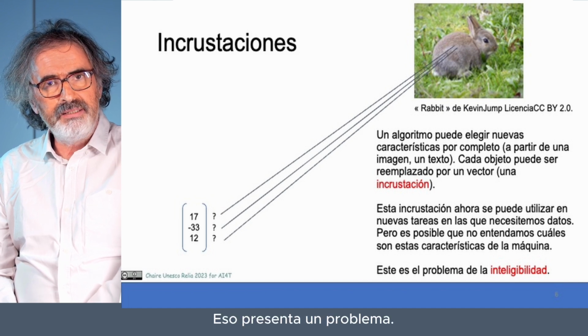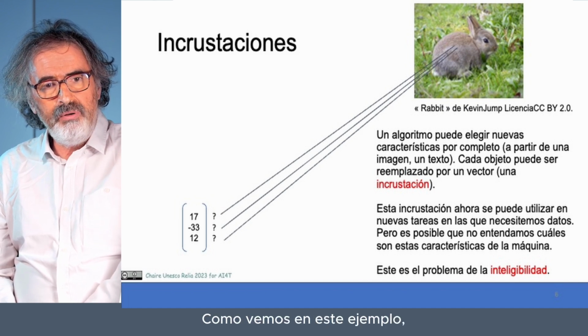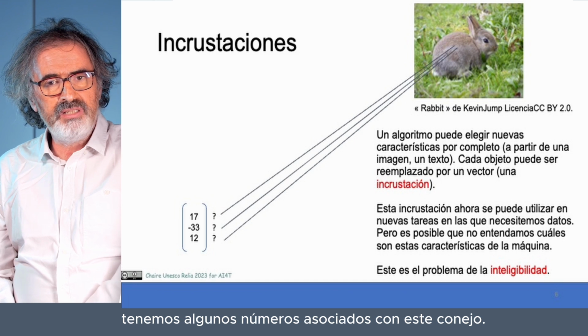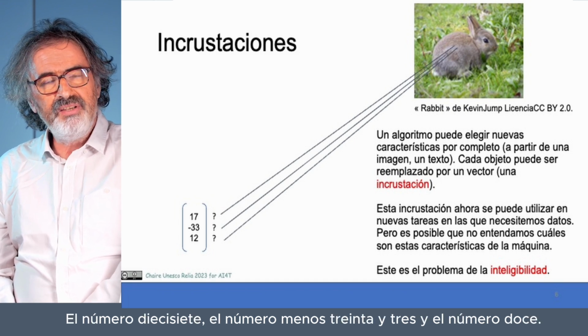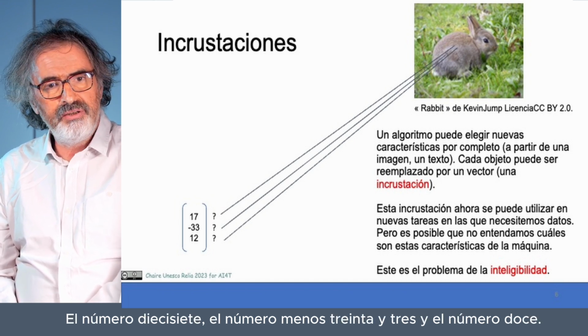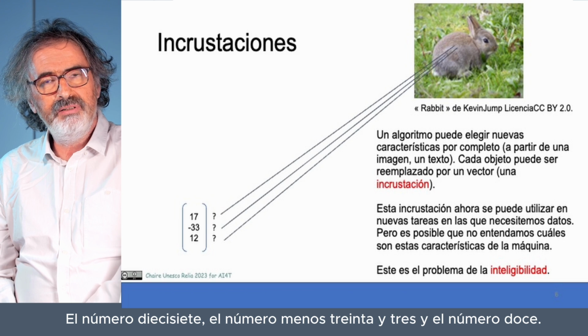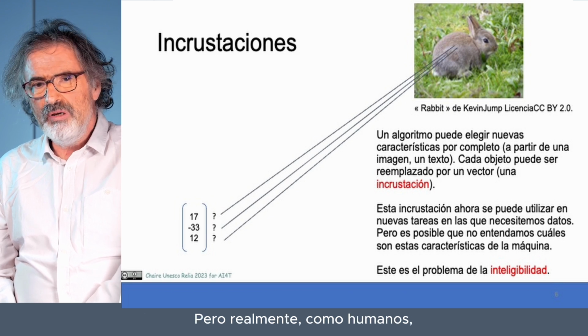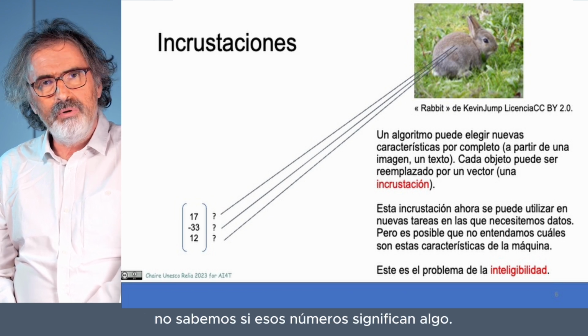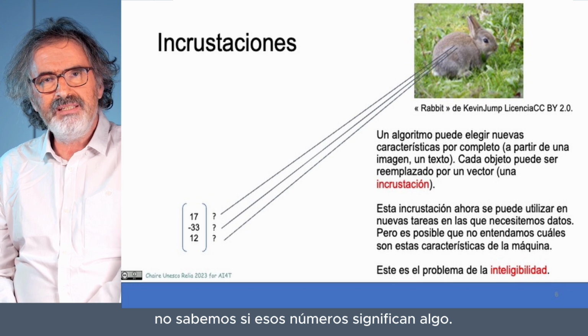There is a problem with that. As we can see in this example, we have got some numbers associated with this rabbit: the number 17, the number -33, and the number 12. But really, as humans, we don't know if those numbers mean something.